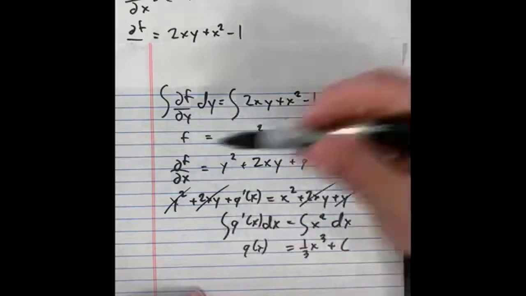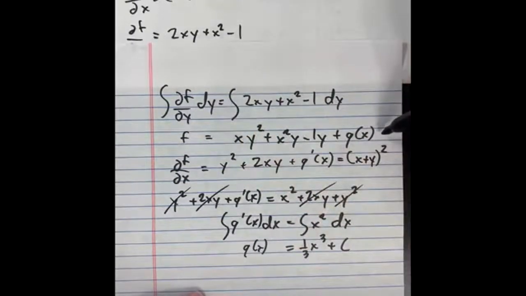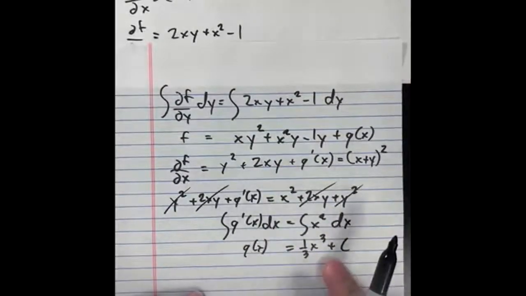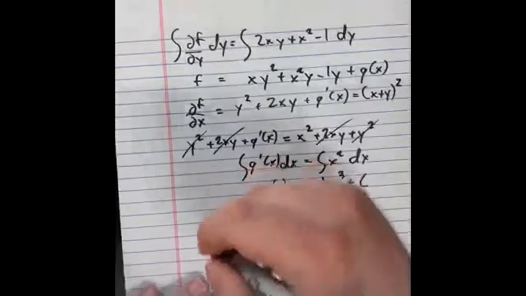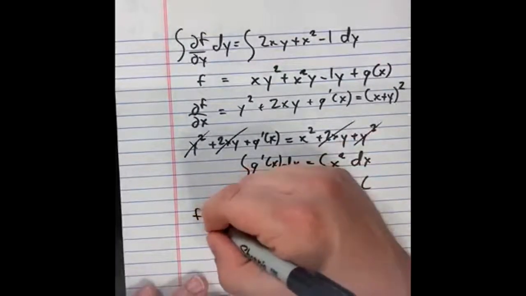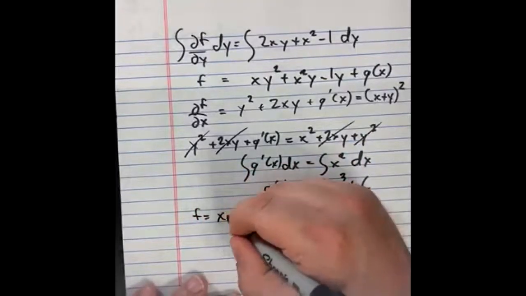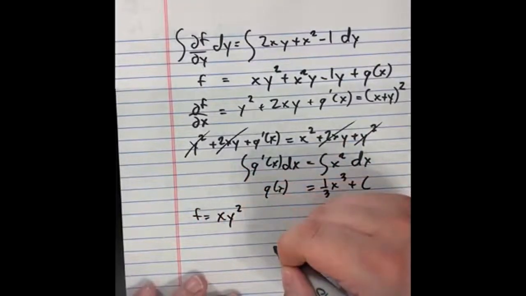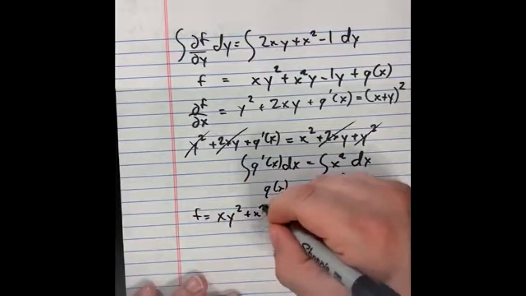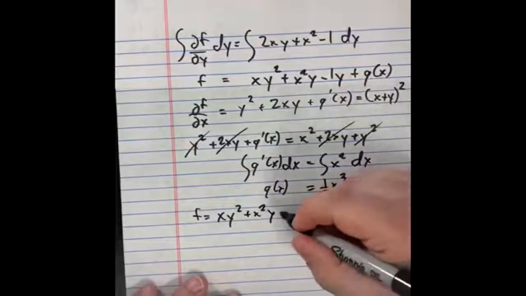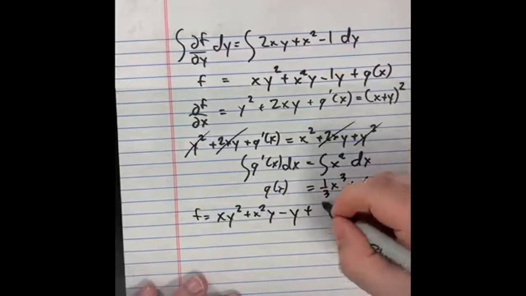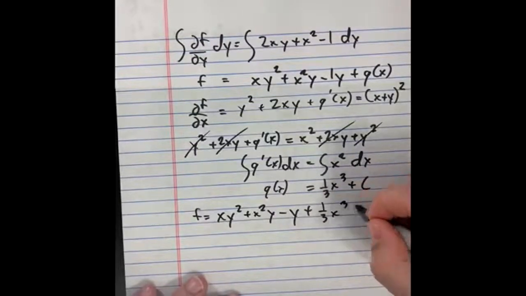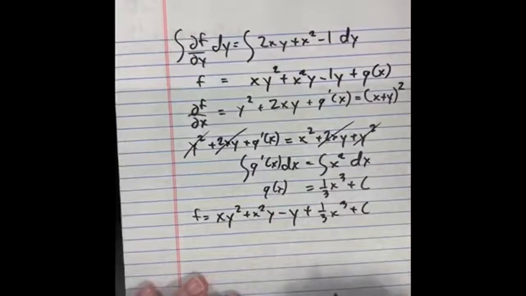And so that's the difference here, getting some sort of function instead of just a regular constant. But that tells us what g is, and that helps us solve it. So that means that f is xy squared plus x squared y minus y plus g, 1/3 x cubed plus a constant.